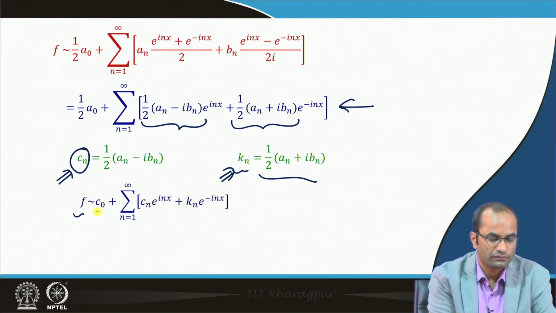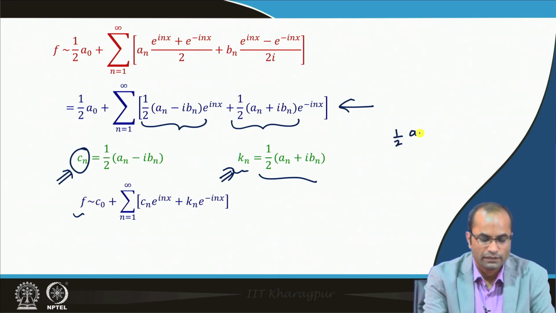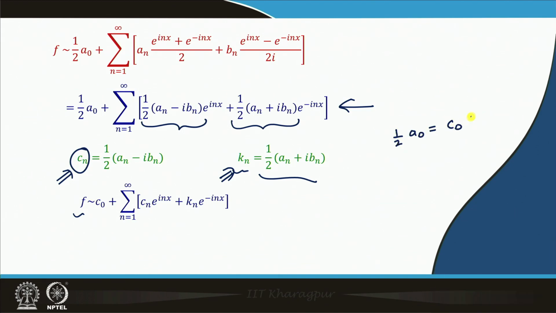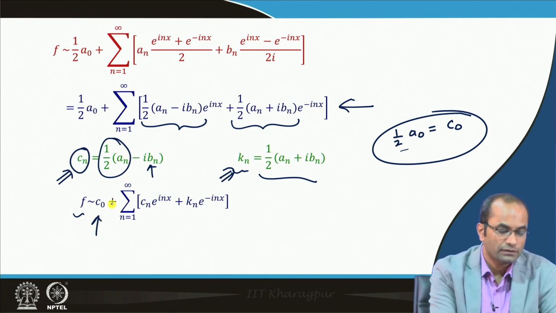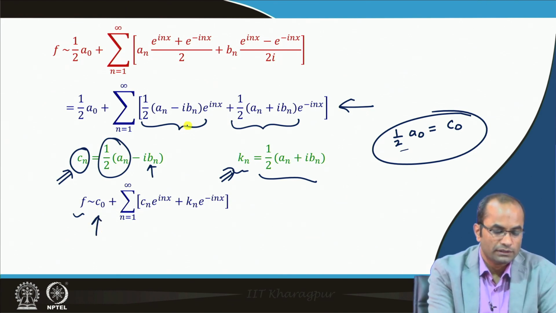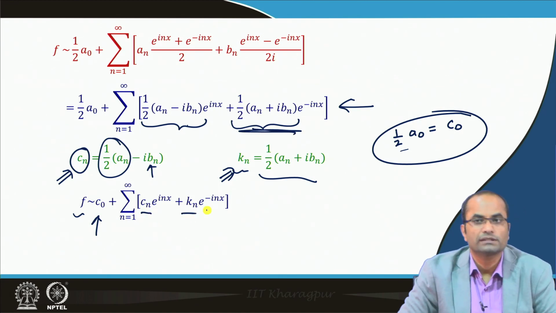Half a naught we have defined as c naught, where b 0 is naturally 0, because we start b with b 1 and so on. So, here c 0 is half a 0. The second is c n, and the third place has k n.